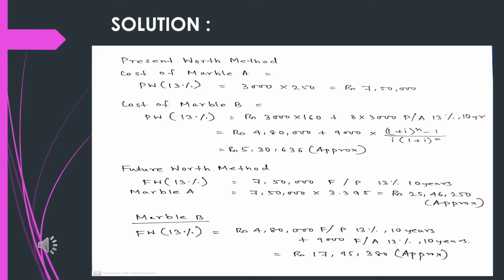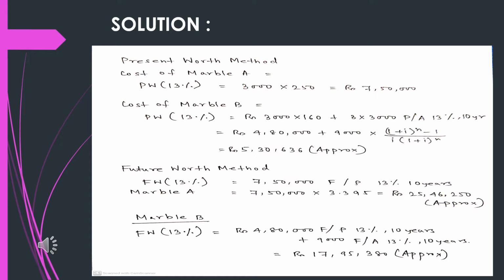Now we need to consider one more aspect. For marble B, there is an annual polishing charge attached to it, which requires rupees 3 per square feet for the entire flooring.